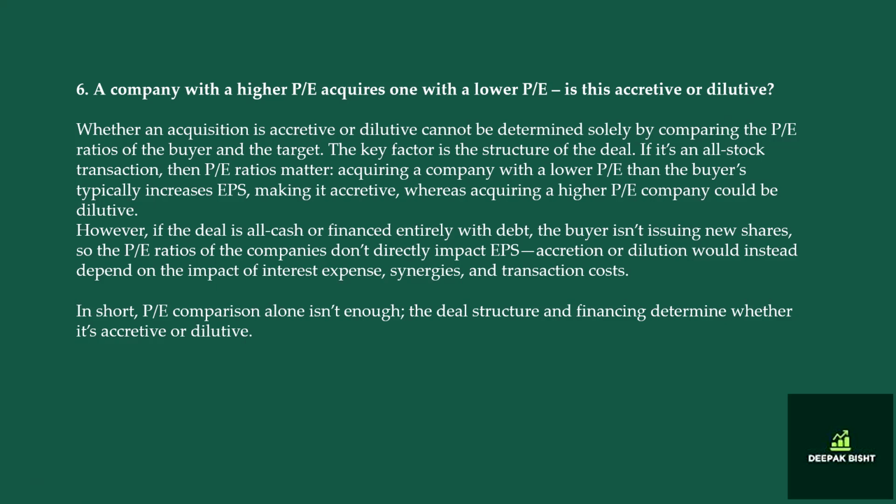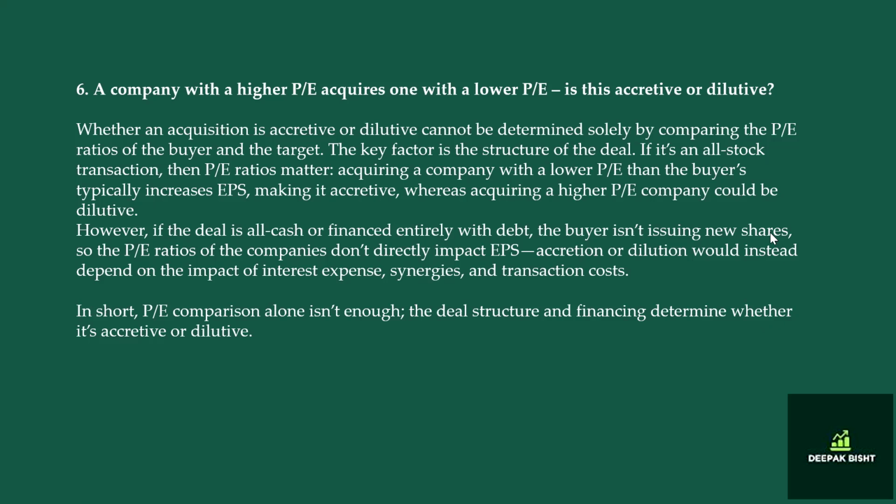The role of the price to earnings ratio is when we are comparing price to earnings in a merger and acquisition. If the buyer's PE is higher than the target's PE and it's an all stock deal, this means the buyer is buying cheaper earnings, which usually increases the buyer's EPS, and then it's accretive.